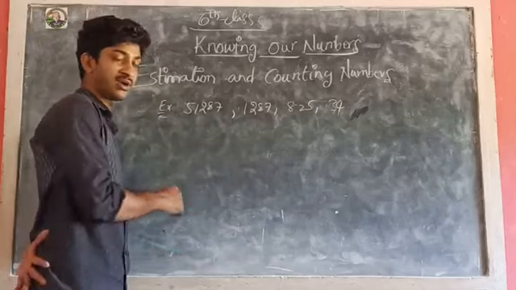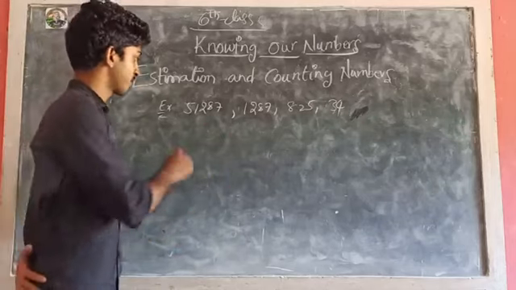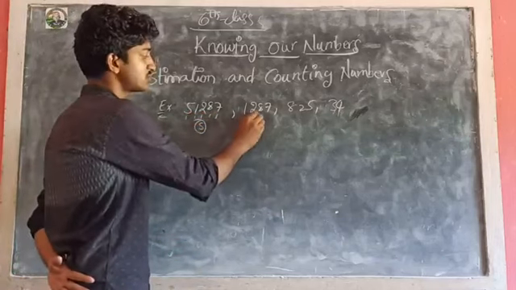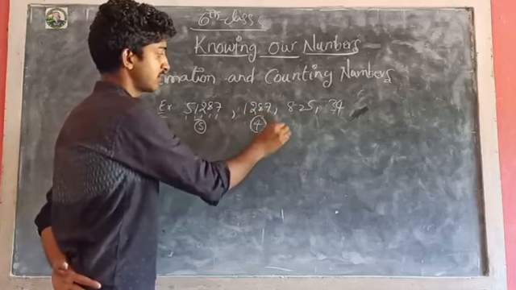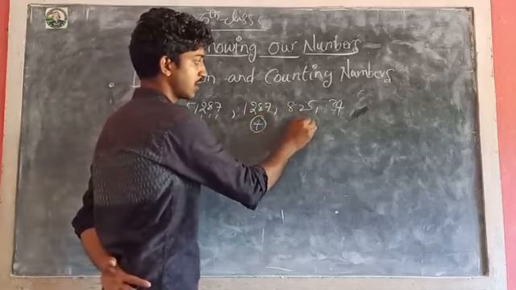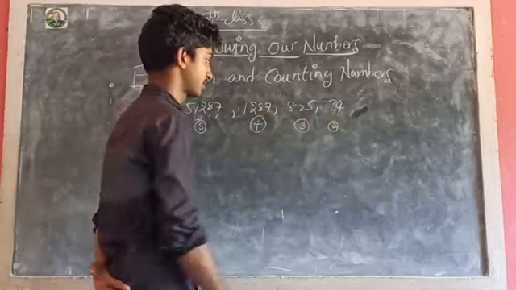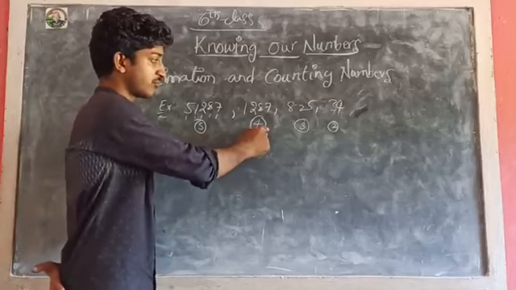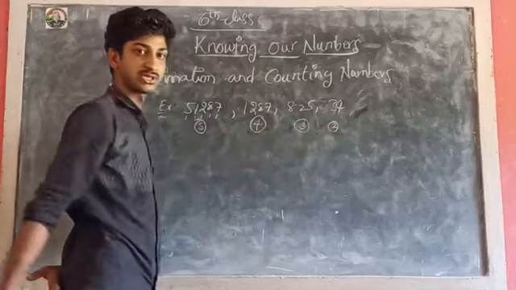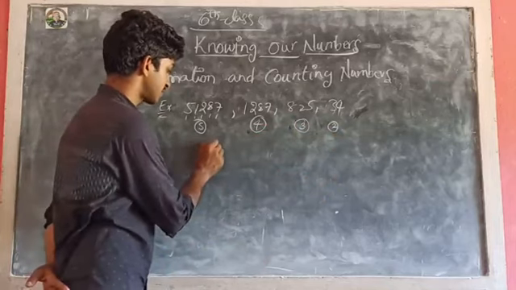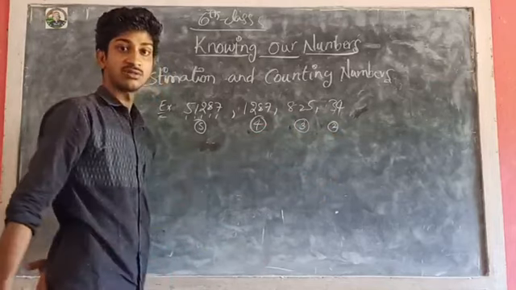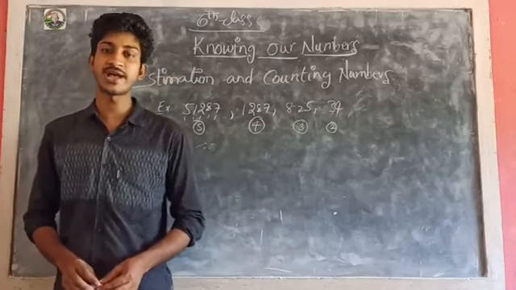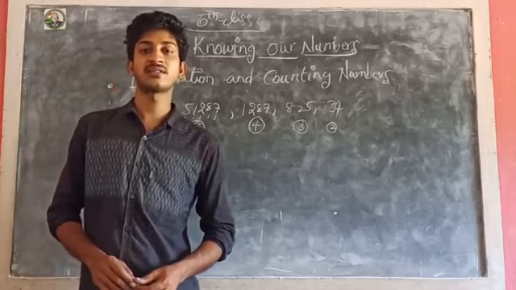First of all, count the digits of your numbers. 1, 2, 3, 4, 5: five digits here. 1, 2, 3, 4: four digits here. 1, 2, 3: three digits here. 1, 2: two digits here. In a number series, the numbers with the higher number of digits are the greater numbers.